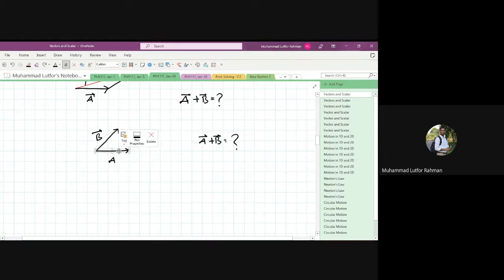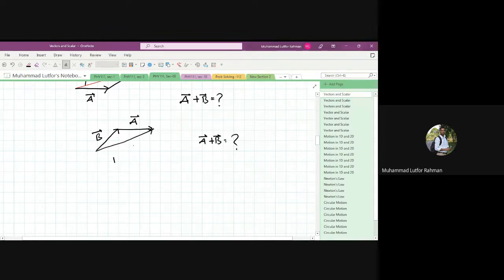All right, so you can do that. You can shift that vector that way, and you can also take it over here. If you do that, this would again be a head to tail connection.